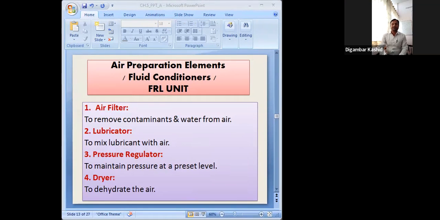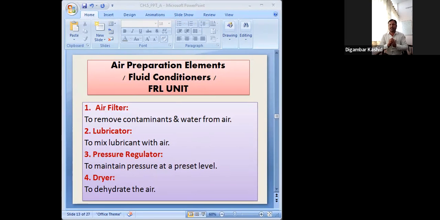Getting it? Atmospheric air contains different contaminants. This contaminated air may lead to excessive wear and failure of your pneumatic components, because if you do not filter that air, it will definitely affect the performance of your pneumatic components.